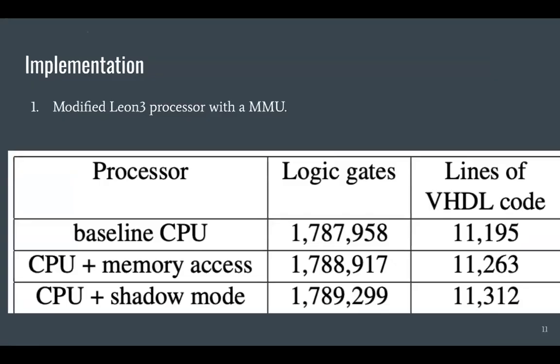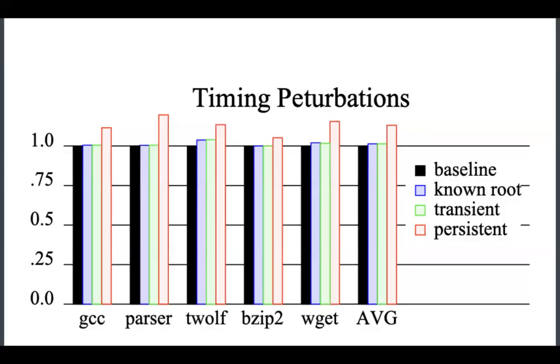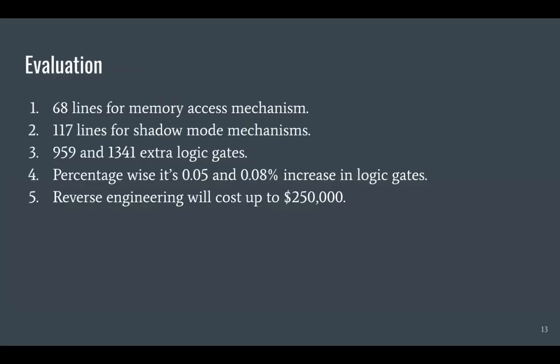After all these implementations, these are the results that they have. If we see the baseline CPU and the baseline CPU with the two malicious circuits, they only have very minimal lines of code and very minimal logic gates. I think this particular slide shows the actual numbers of the evaluation.